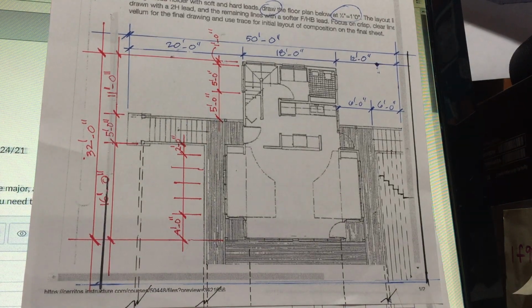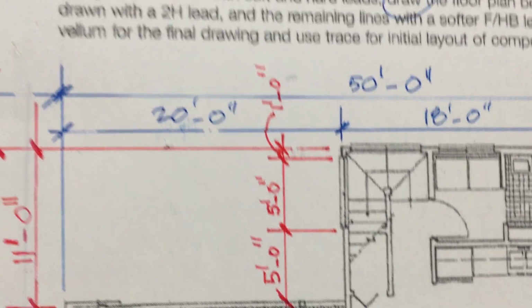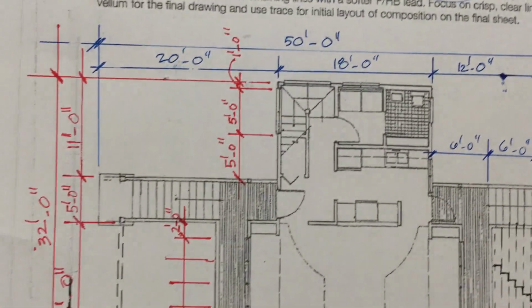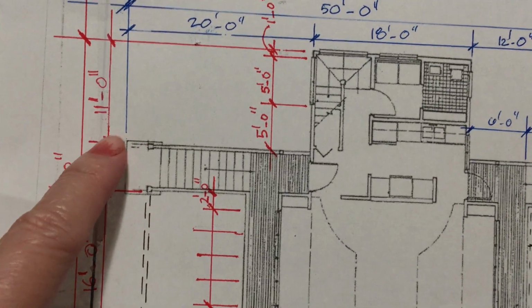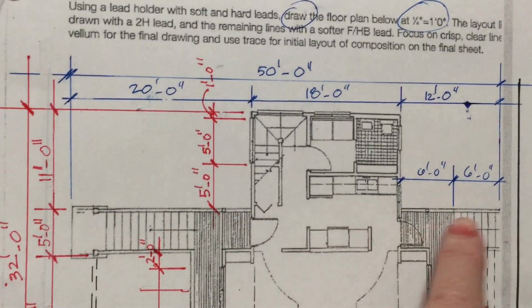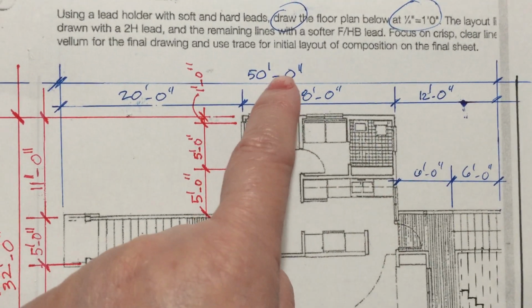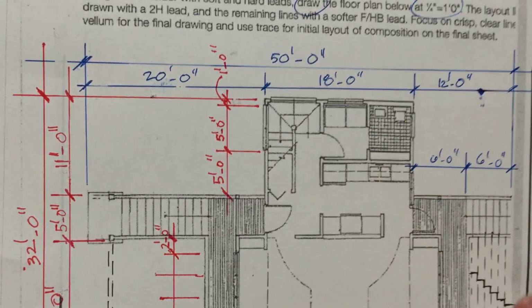If I go close, you can see the number I measured. I start from the floor plan, from here to there, and I got the dimension right there.